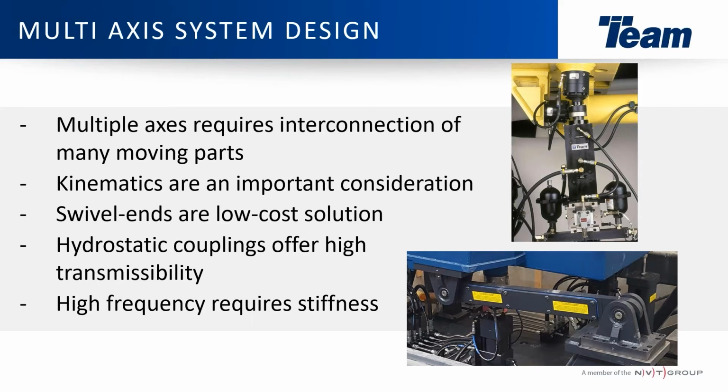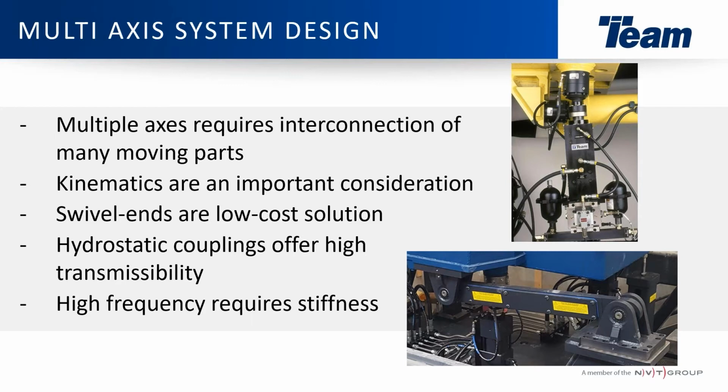But doing this presents a bunch of different challenges in test setup as well as the design of the test system. So multiple axes require multiple moving parts and interconnection of all those. The behavior of how everything connects together and moves while running these profiles is very important.